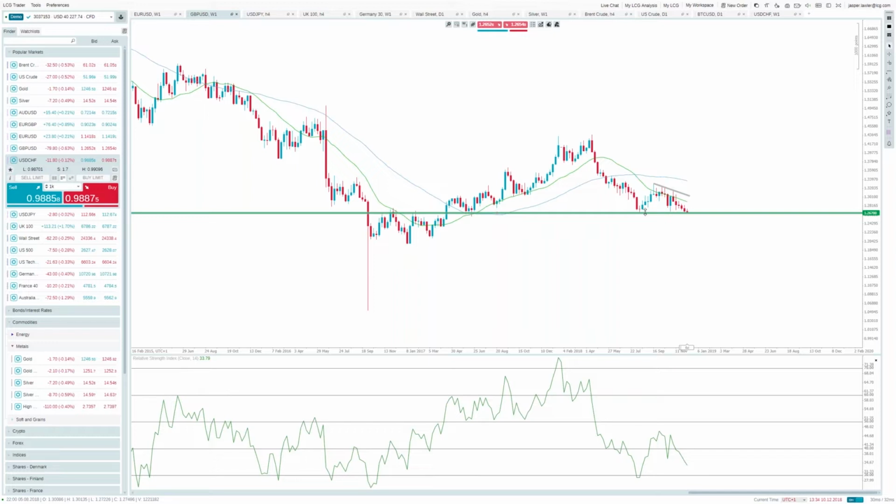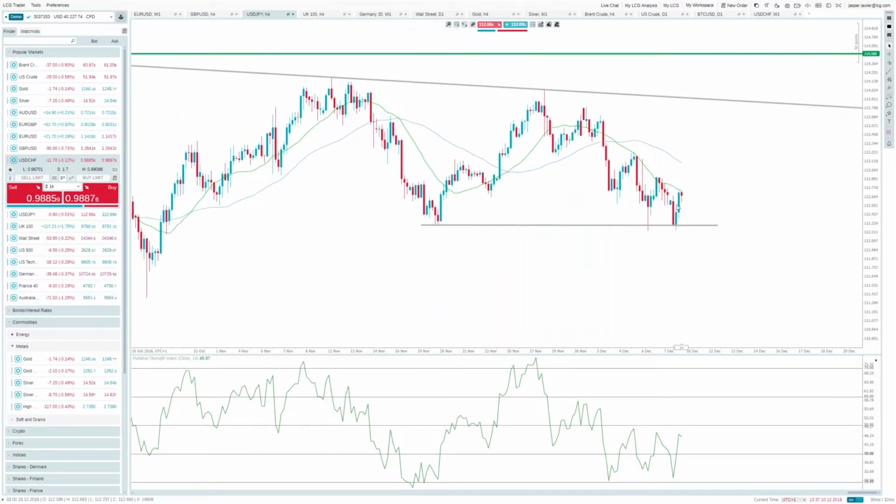So this being our 4-hour chart, we're basically pushing off the lows here, trying to make a double bottom.